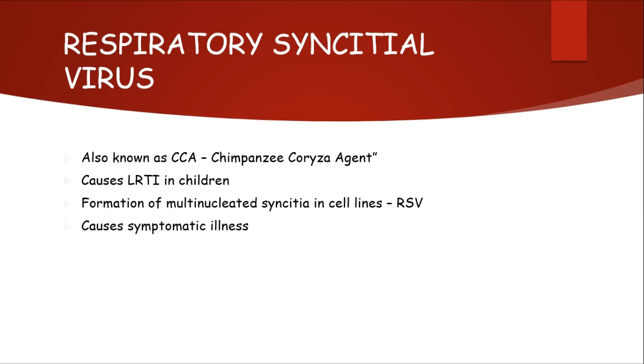Despite the fact that they belong to paramyxovirus, RSV shows some mild variations from other paramyxoviruses. They don't show any hemagglutination activity. They have heme adsorption activity, but won't show hemagglutination. It does not have neuraminidase activity or hemolytic activity, because their primary mode of action will be syncytial formation.